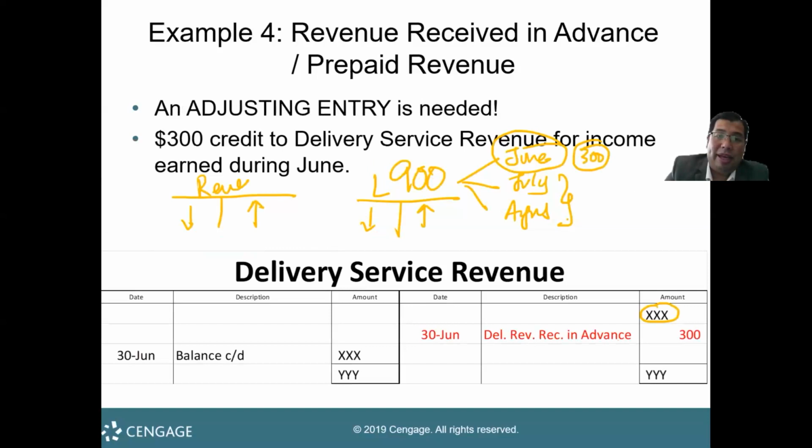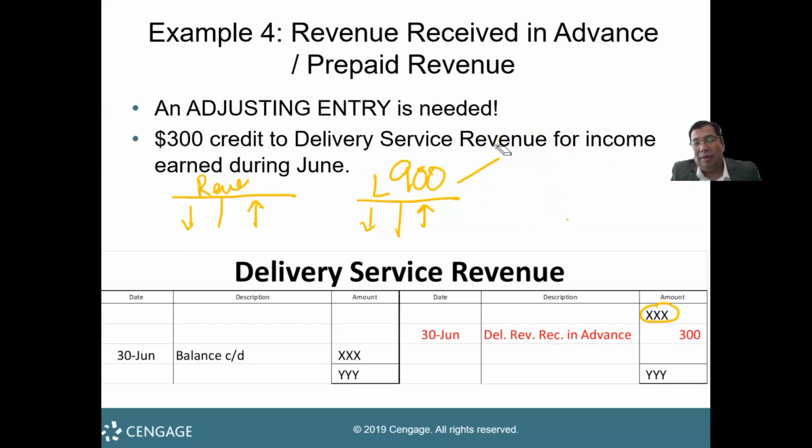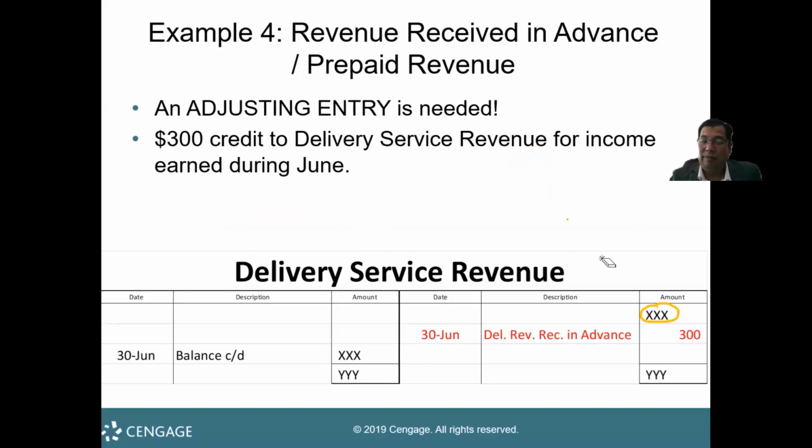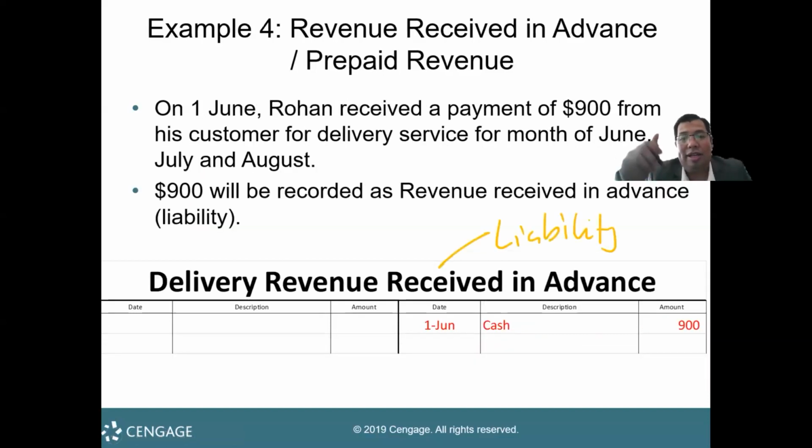Let me repeat again. In certain instances, there might be a possibility that you receive a very good customer. They came to your office and gave you a sum of money, maybe 900 in this example, asking you to deliver certain things, maybe brochures or pamphlets every week for 3 months, June, July, and August.